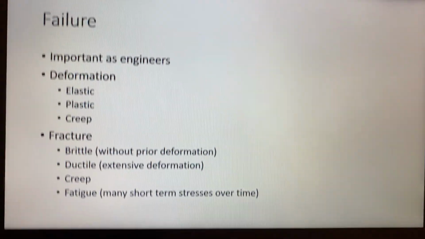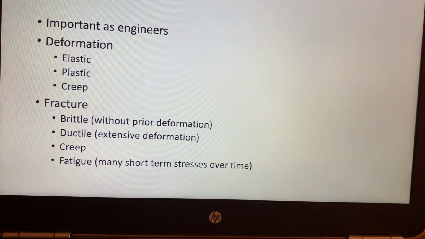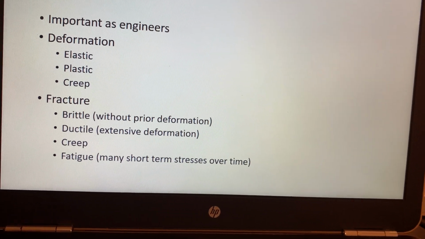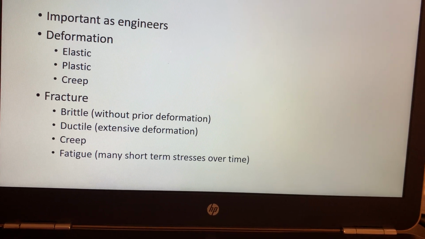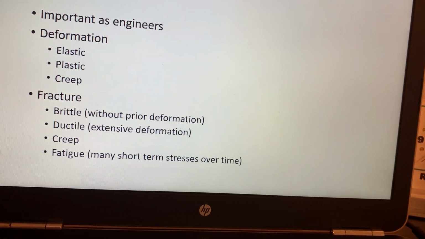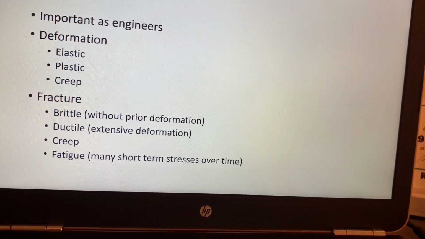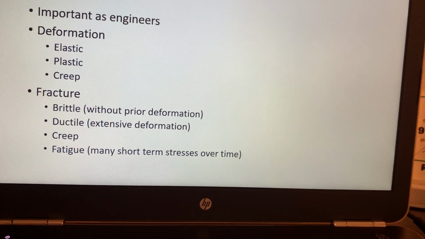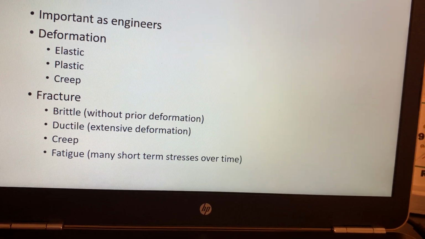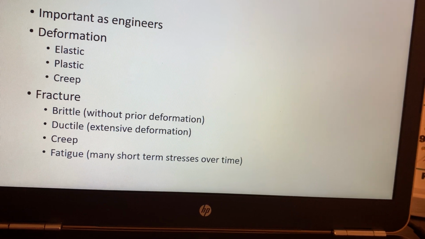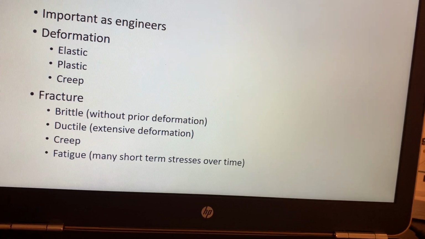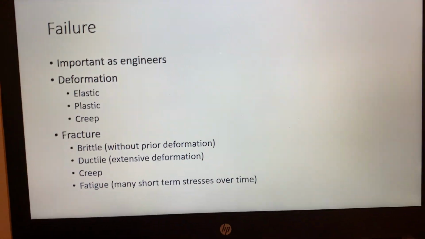Another kind of failure is fracture. Brittle fracture means there's no prior deformation before the fracture. It just breaks without any signs of deformation beforehand. Ductile fracture comes from extensive deformation, where it's deformed so much that it eventually breaks. Fracture can also come from creep, and fatigue is like many short-term stresses over time.